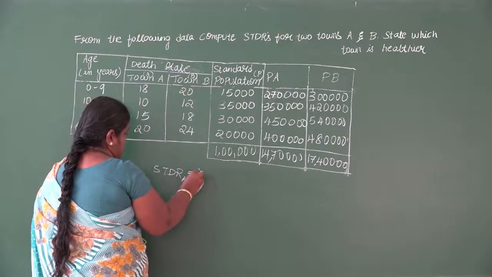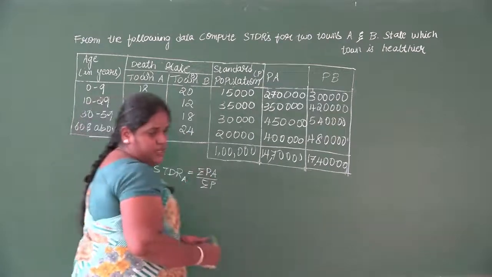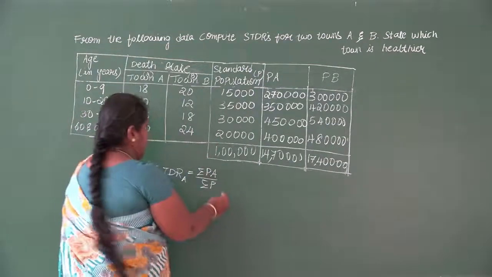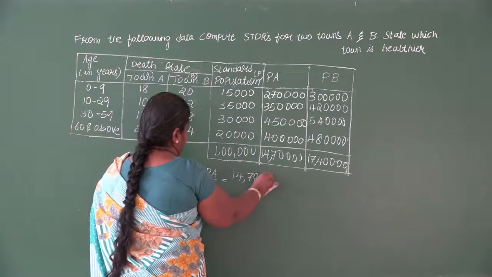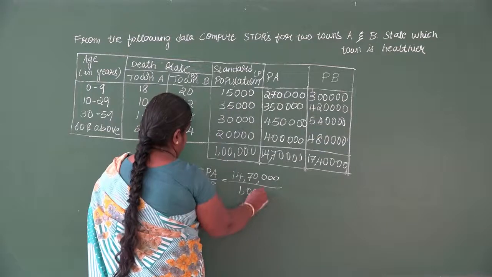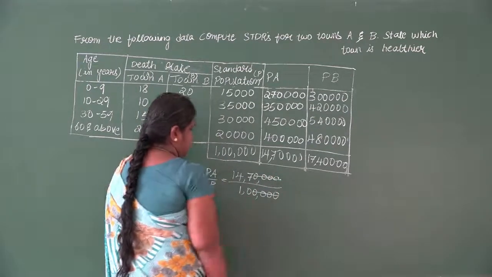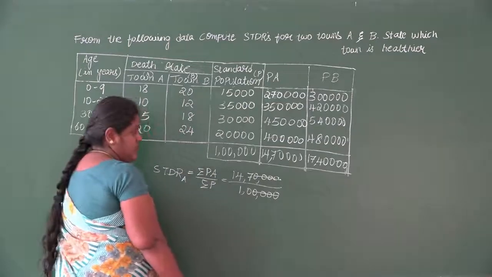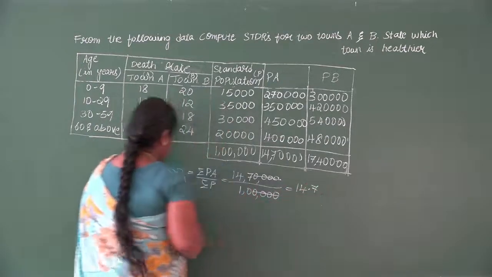Now use the STDR formula. STDR of A is sigma PA divided by sigma P. So sigma PA value is 14,70,000 divided by 1 lakh. You can cancel the 0 terms. You will get 147 divided by 10, which is 14.7.